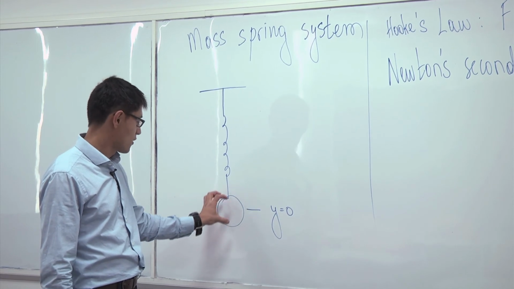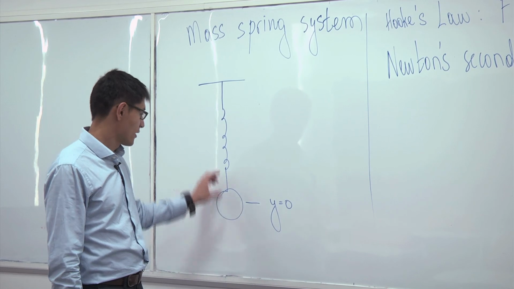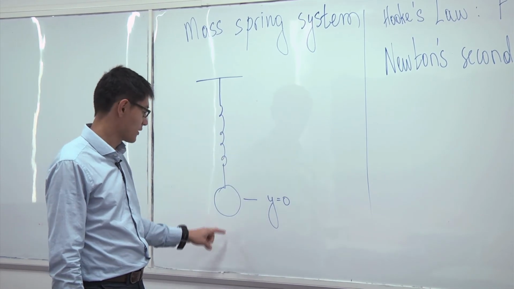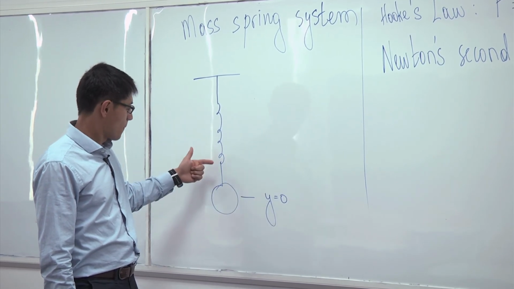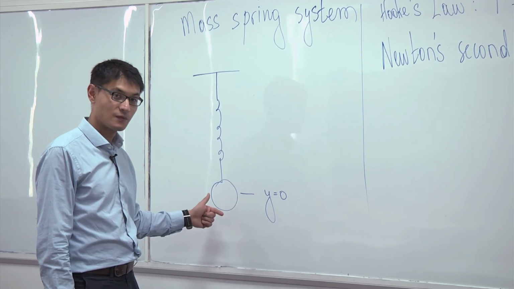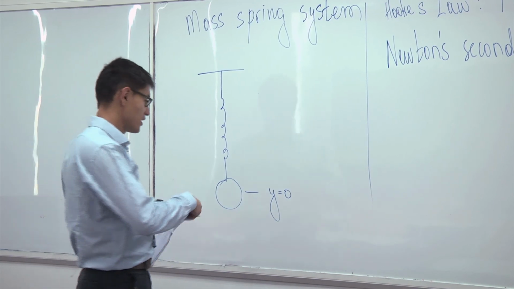Now imagine we pull the ball down and then release. Then the spring will contract and expand, contract and expand. So what we want to do is determine what is the position of the ball at any given time. So y would represent the position of the ball at time t.